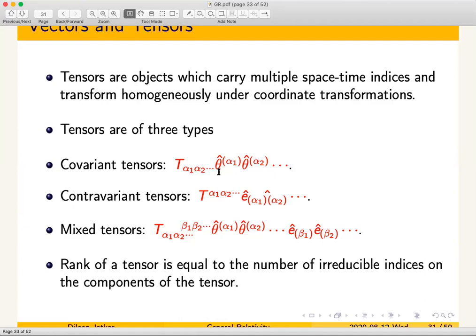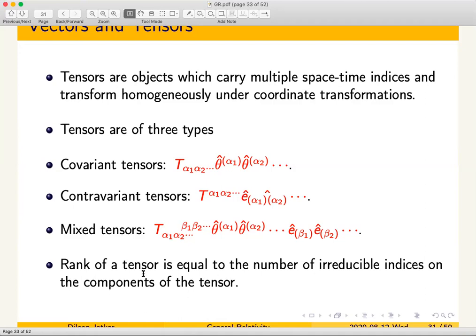Then you would call that a rank n covariant tensor. Similarly, if you have T with alpha 1, alpha 2 up to alpha k contravariant indices, you will call it a rank k contravariant tensor.